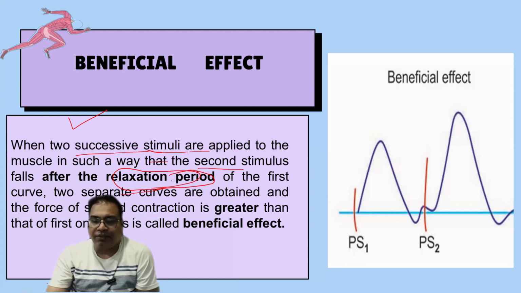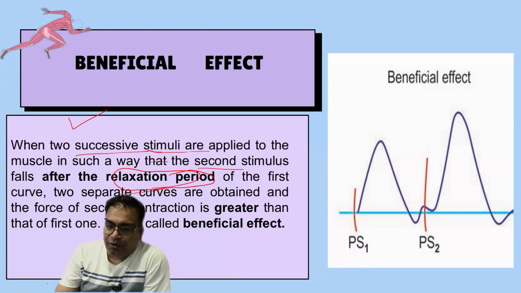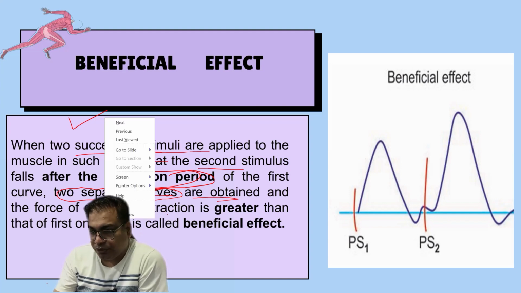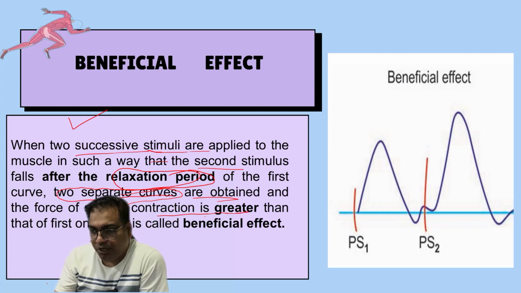Here we will observe two separate curves, and the force of contraction in case of the second stimulus would be greater than the first one. Here we are calling it beneficial effect.